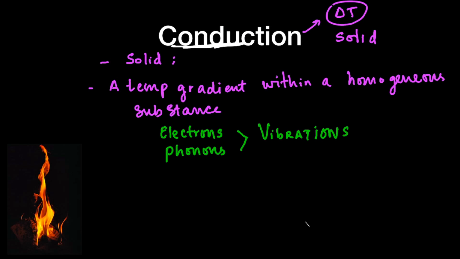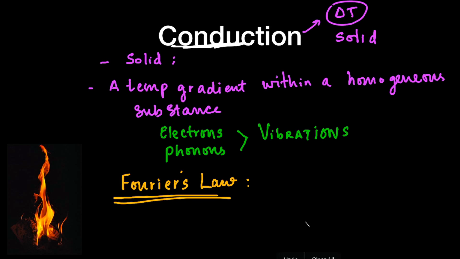For the conduction, let's just get into the formula that you need to use, Fourier's law. Now, what is Fourier's law? It says that Q equals negative K A dT over dx.